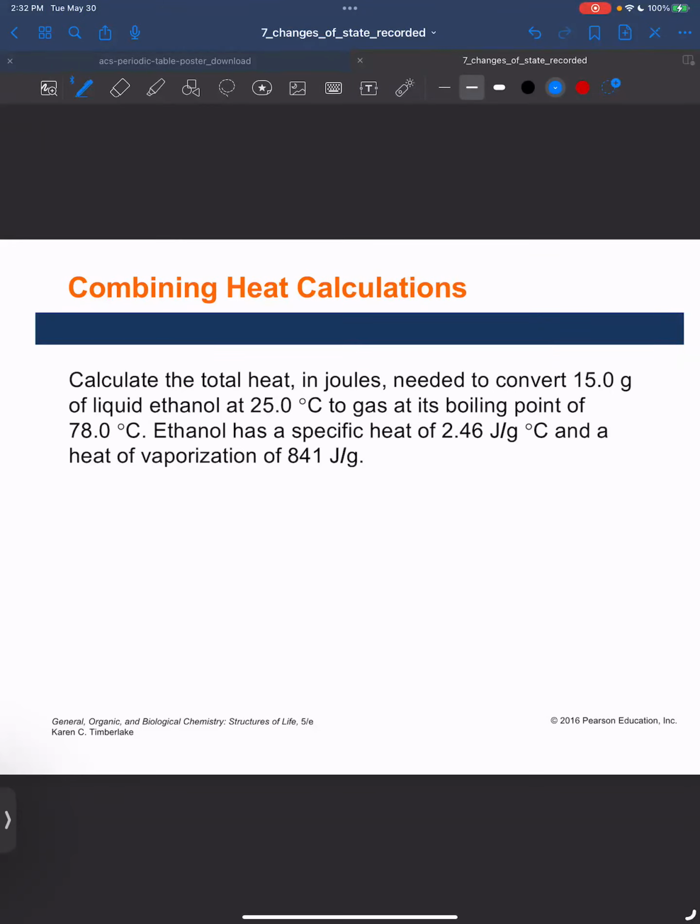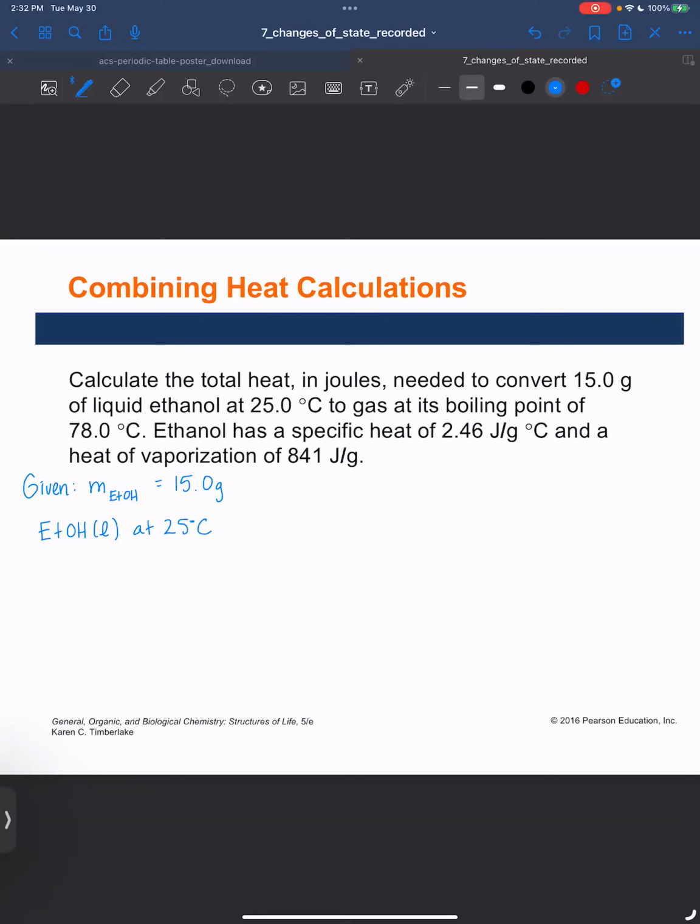All right, so let's go ahead. We are given that the total heat needed to convert the mass of ethanol, I'm going to abbreviate ethanol as ETOH, is 15 grams, and it's liquid ethanol. So liquid ethanol, that's what we're starting with at 25 degrees Celsius, which is room temperature.